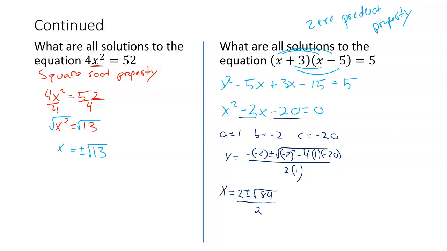Now when we clean that up, can I square root 84? What's the square root of 84? Does 84 have a factor that can be square rooted? 12 can't be square rooted. 6, 4.